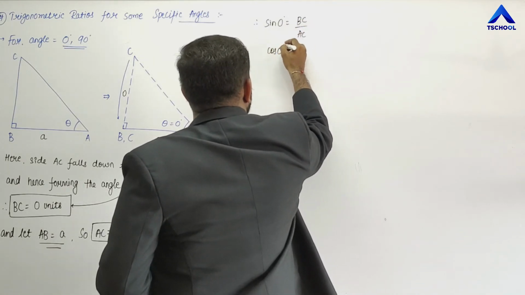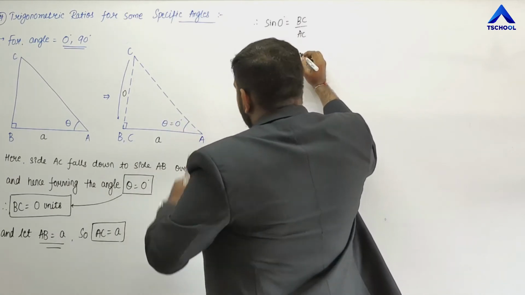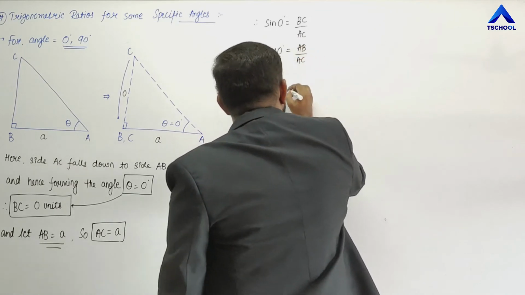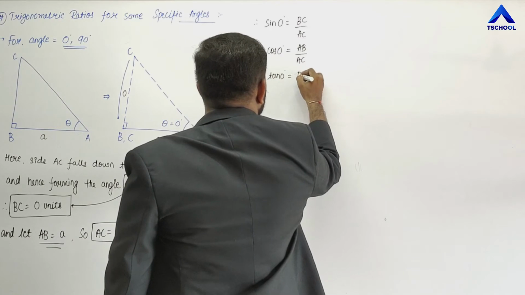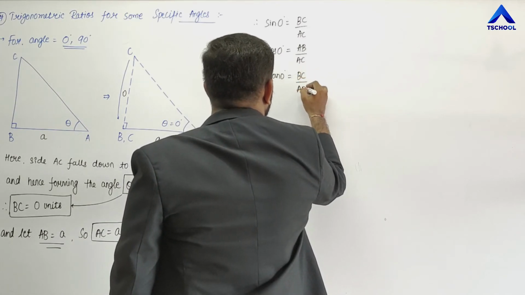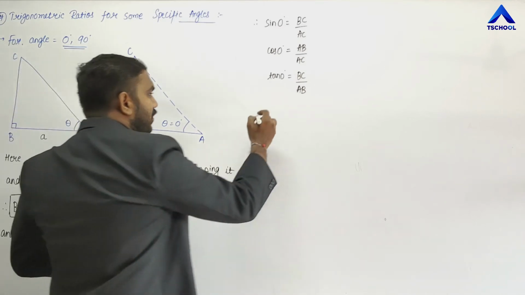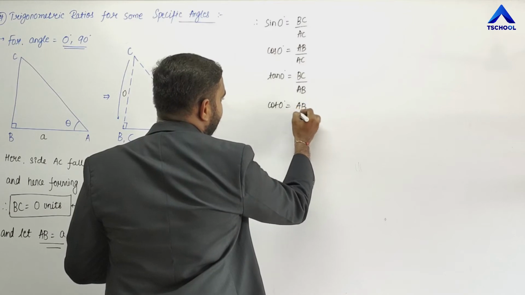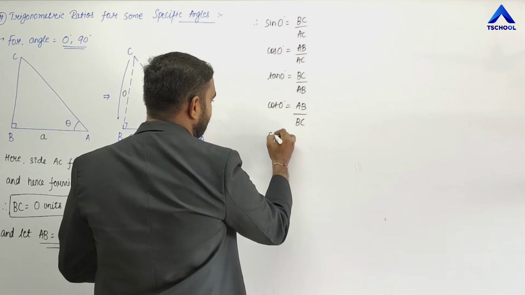Cos 0, that is side adjacent to 0 divided by hypotenuse, that is AB upon AC. Then tan 0, that is equals to side opposite to 0 upon side adjacent to 0, that is BC upon AB. Cot 0, that is reverse or inverse of tan 0, that is AB upon BC.